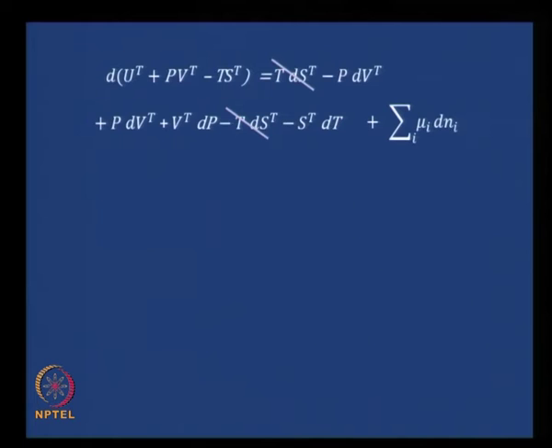We can cancel T dS_t and minus T dS_t. We can also cancel plus P dV_t and minus P dV_t, and therefore dG_t equals minus S_t dT plus V_t dP plus summation of μ_i dN_i.